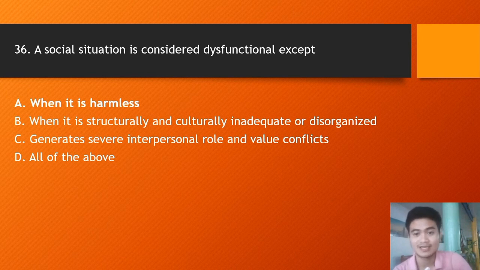So these are dysfunctional type of social situation. Structurally and culturally, for example, andun yung racism, andun yung structural oppression, andun yung women are being treated as second class, the patriarchal ideology, that is what we call structurally and culturally inadequate and disorganized na type of social situation.